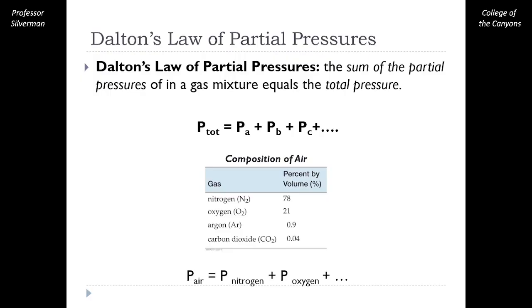If you have a gas with a mixture of A and B and C, we can say the partial pressure of A plus the partial pressure of B plus the partial pressure of C will give us our total. If you have just two components, great, the equation becomes more simplified. If you have 4 or 5 or 6 components, that's okay, just keep adding them together.